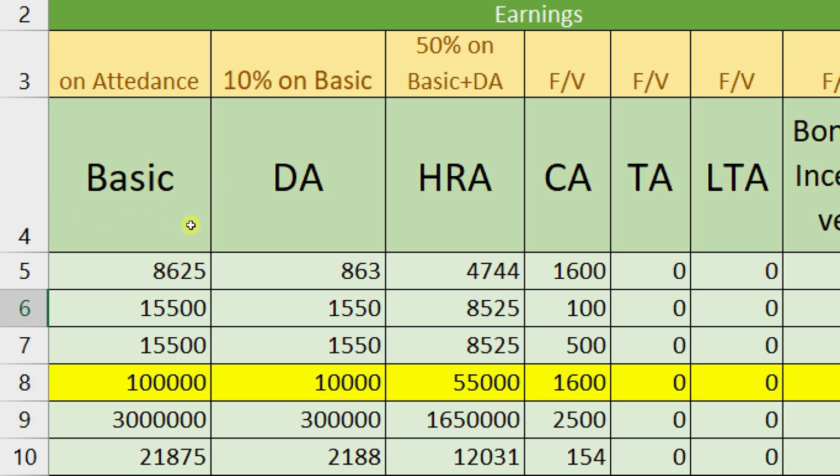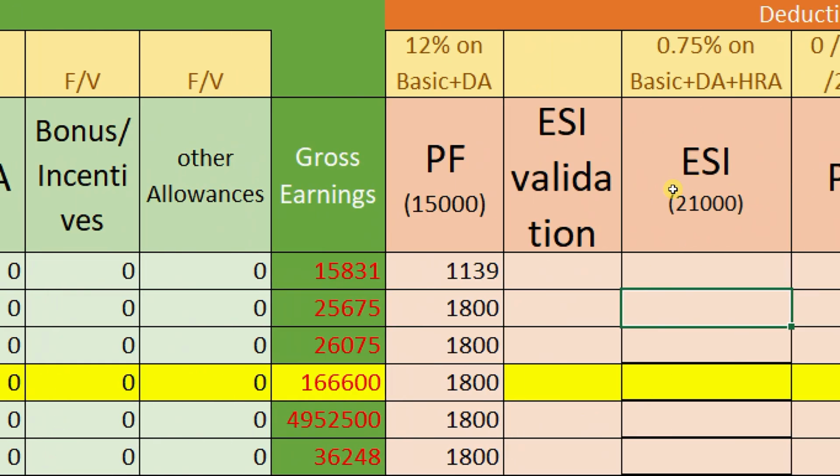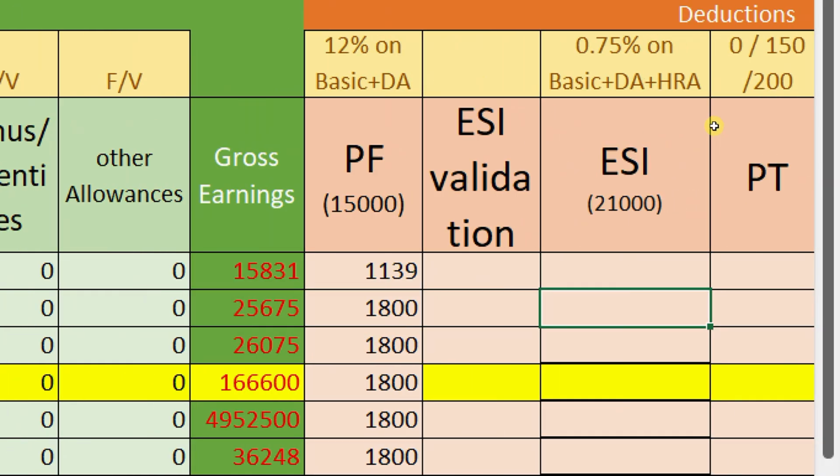Basic plus DA plus HRA. And all these will become earnings. Not on earnings, on gross wages. You see the term: wages, gross wages, earnings. Not on the earnings, but on gross wages of what? Basic plus DA plus HRA. If any employee's basic plus DA plus HRA is less than 21,000, they are eligible.